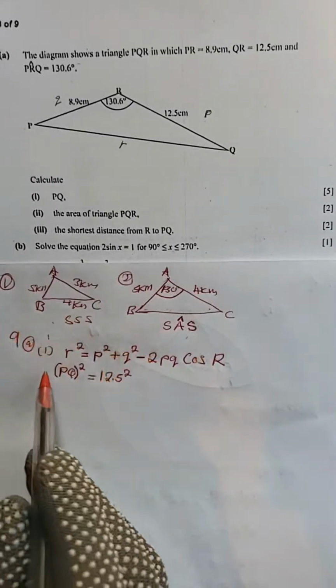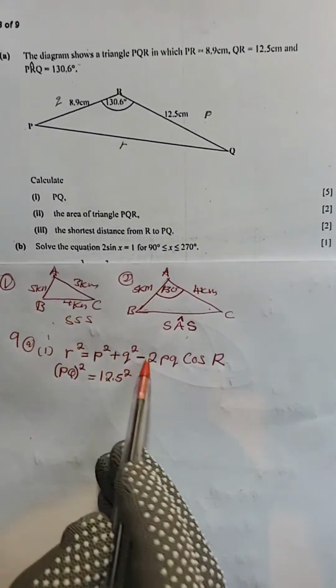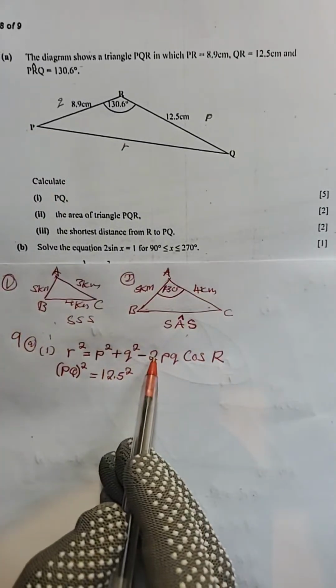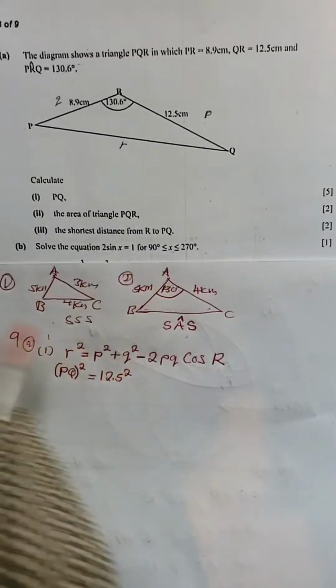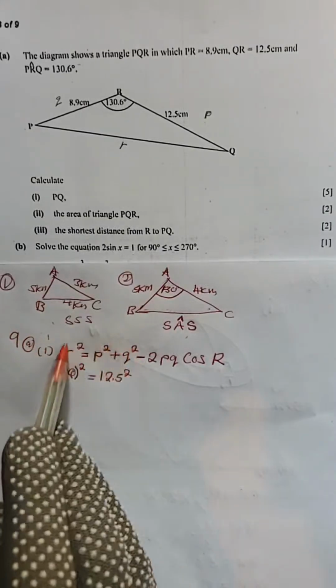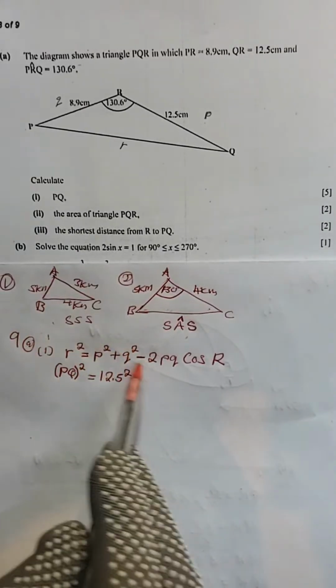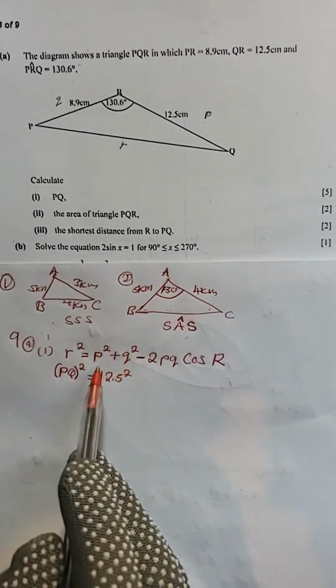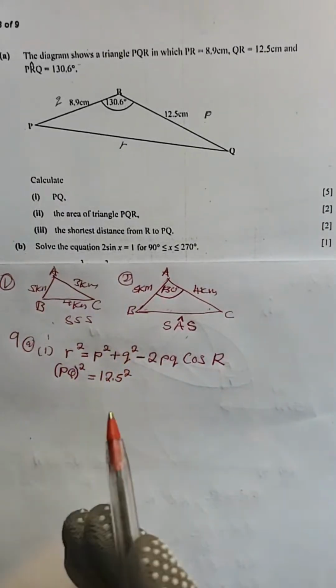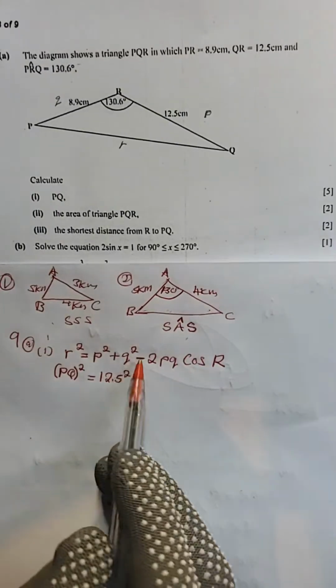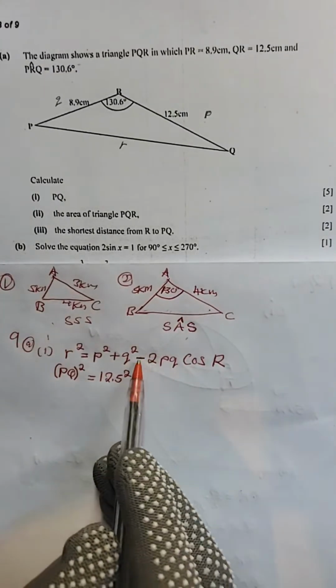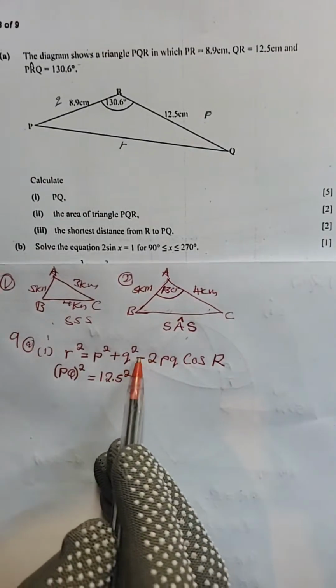I think in the next video I'll show you where this negative 2 is coming from. But since you're just preparing for the exam, just know that always whatever is here is negative 2 times the sides given. I think that will help you. It doesn't mean that next time we use negative 1, negative 4, negative whatever. No, it's always negative 2.